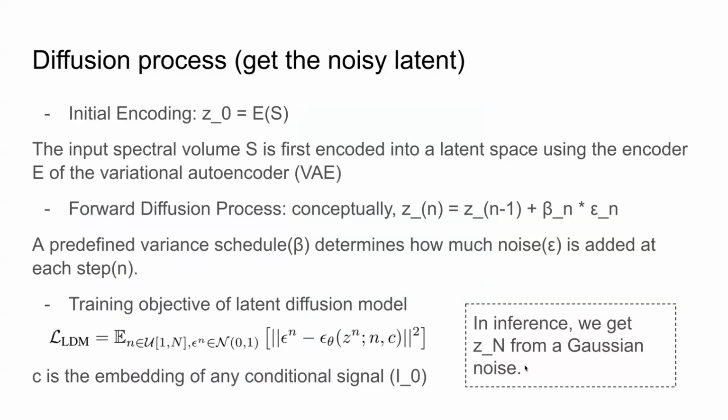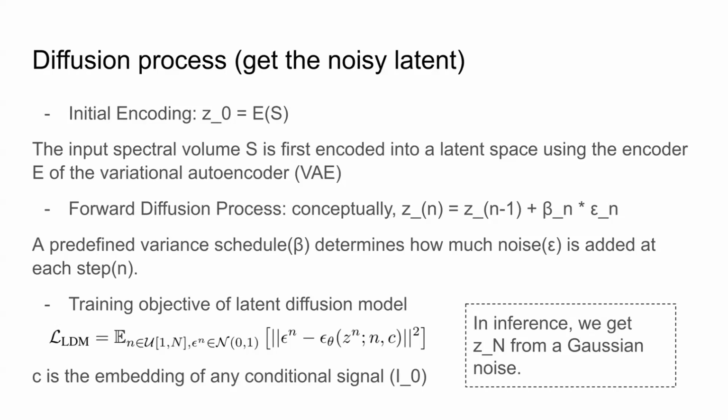Then we look at the diffusion process. We focus on the training part. The first step is to initialize by encoding the noisy latent z0. This comes from the encoder piece of the variational autoencoder.